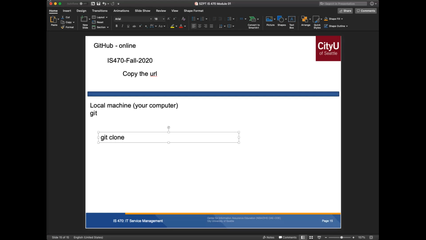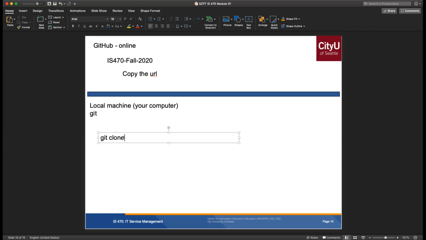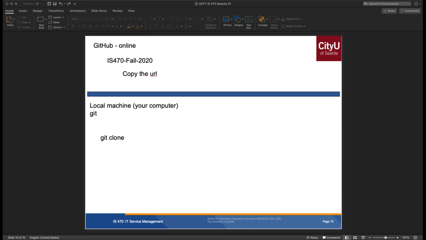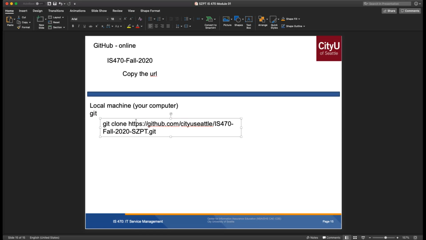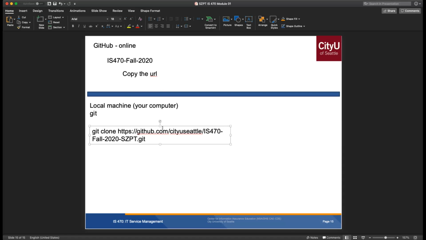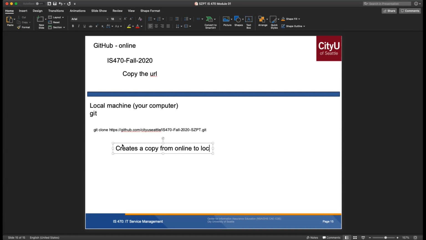And then let me grab the URL. I don't think I had that, so let me grab it quickly. Okay, I do a git clone. This is my first command, right? And what this does is create a copy from online to local, right?